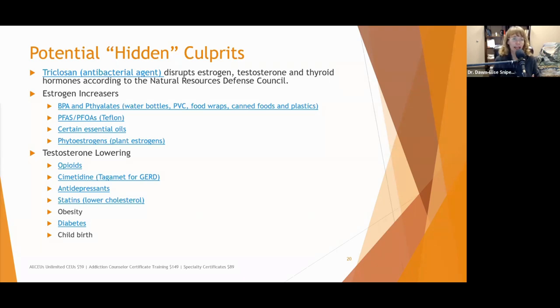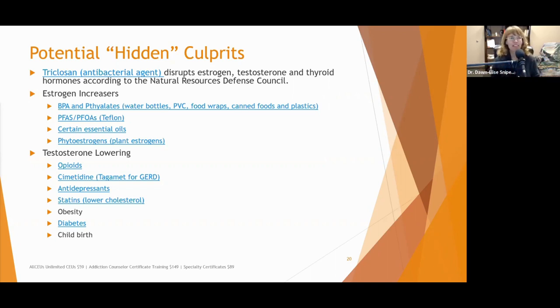Statins, which are the medications to lower cholesterol, actually can lower testosterone. Obesity, diabetes, and childbirth can also lower testosterone in men. It actually increases it in women, but it is interesting to recognize that there are certain environmental or behavioral factors that can lower our hormones or raise our hormones.